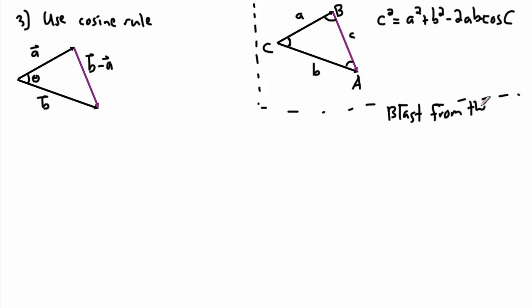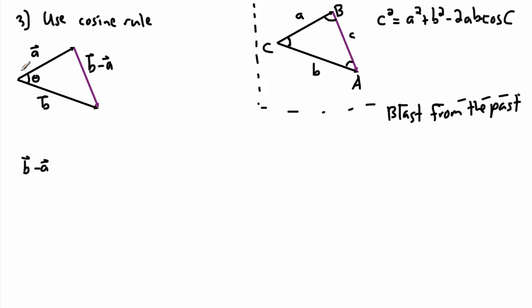So what we're going to do is take our time, go nice and slow, and try to figure out how to deal with this. So we've got c squared. Well, let's deal with that. What does that mean? That's this side. Anywhere I see a c, I replace it with b minus a. So that's b minus a. Remember, this is its length.